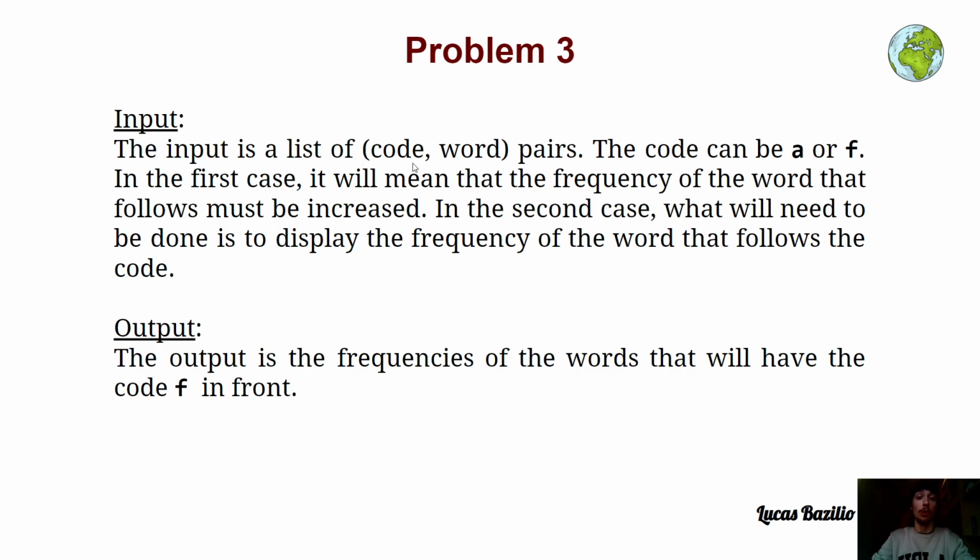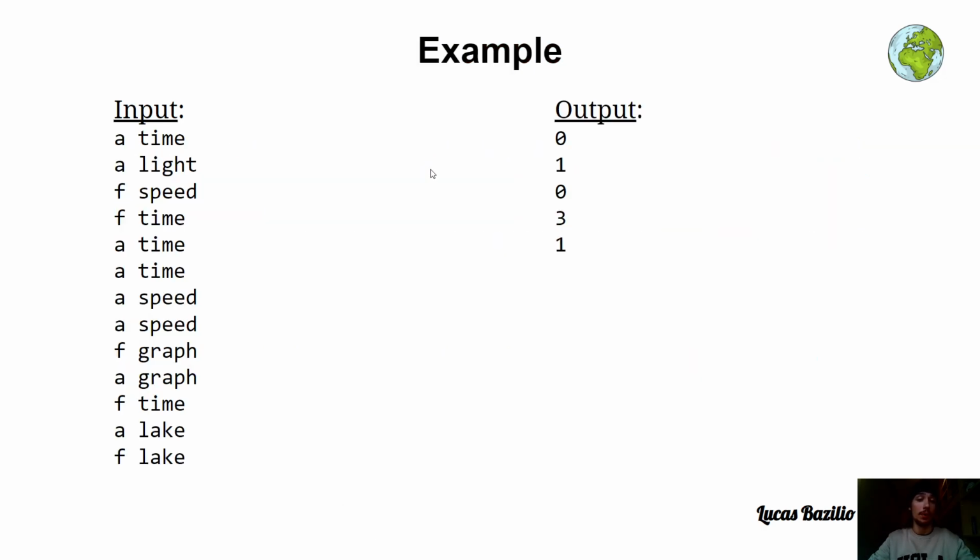So it is not complex to see that what we will have is a dictionary where the keys are going to be the words in the sequence and the values are their frequencies, right? So that when we type the code F with a given word, we just access this key in the dictionary and we compute the value of this key, which is the frequency of this word, right? So this is the idea behind this problem.